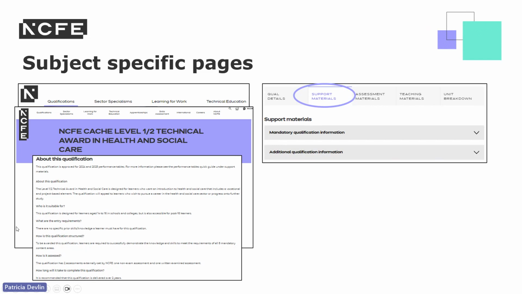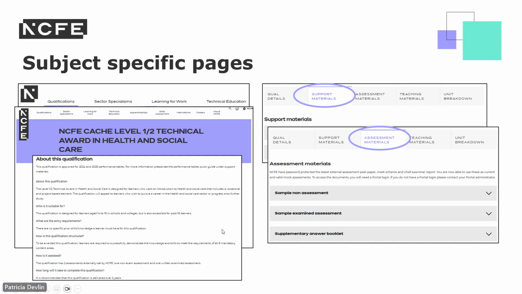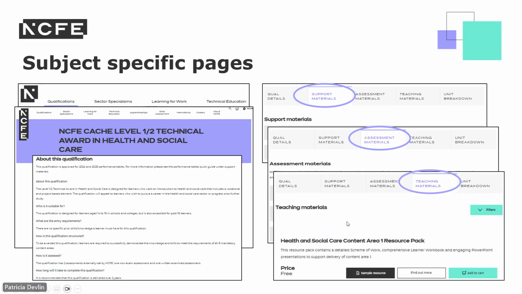In the assessment materials tab, which would be the next one, you can see the materials that are available for the NEA and EA. And lastly, the teaching materials will also be available to download here too. If you don't have a login, it will usually be your exams officer who can set you one of those up. And you can also refer to the portal user guide and the website for further support.